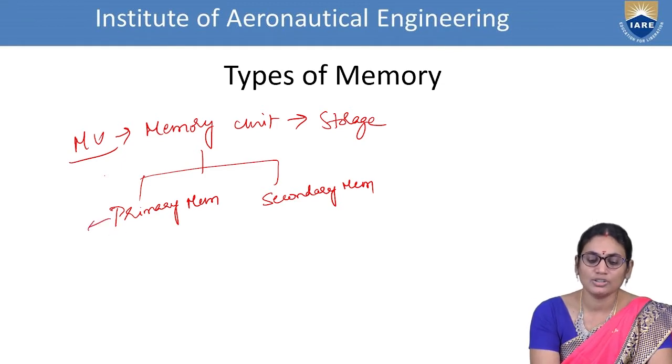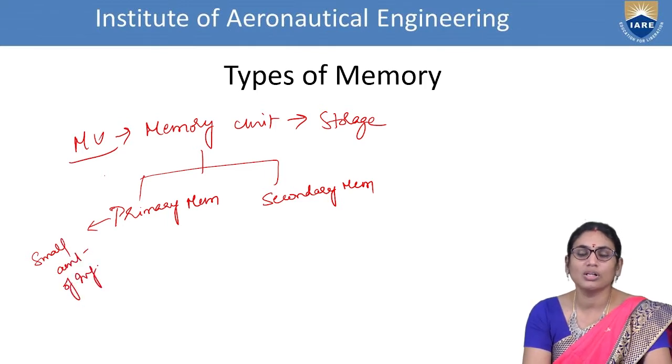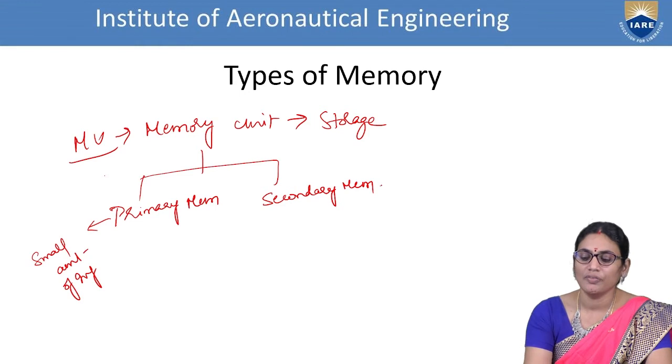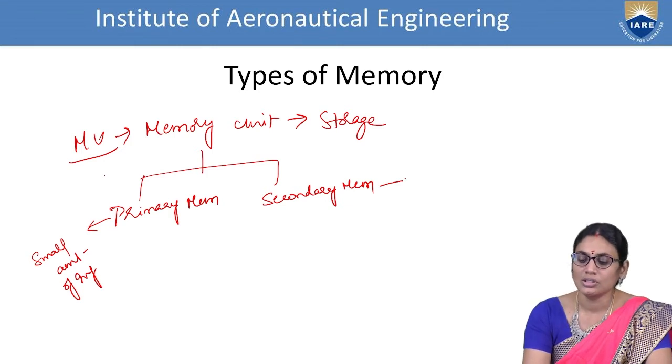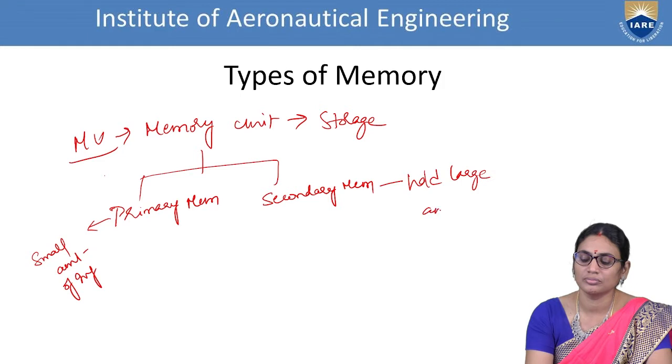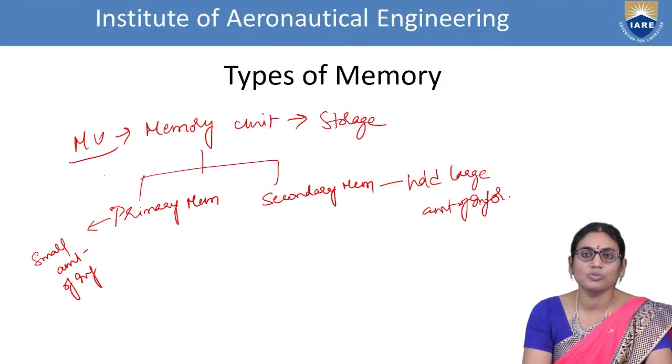But the thing is, it can store only a small amount of information. Whereas secondary memory is an external device to handle the storage of data. So it can store or hold a large amount of information.